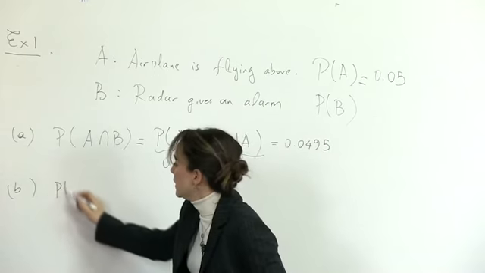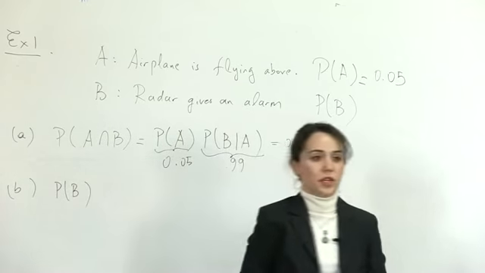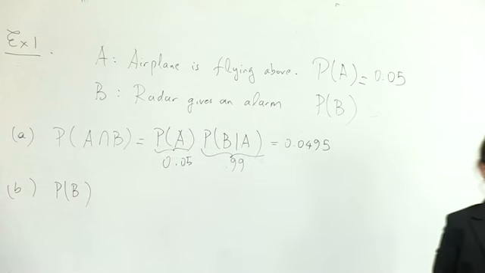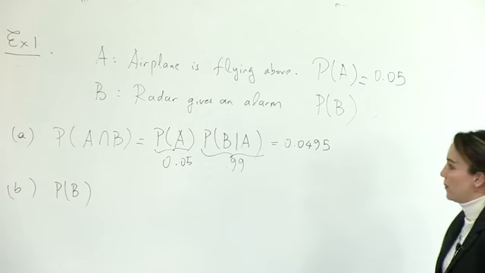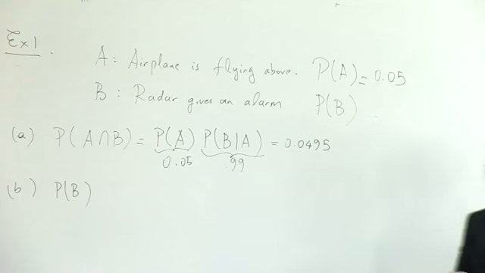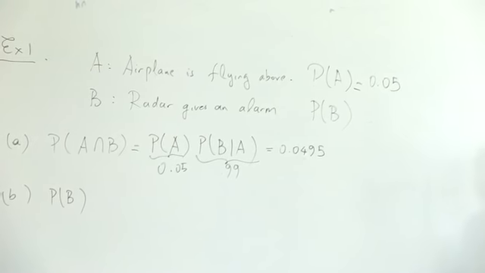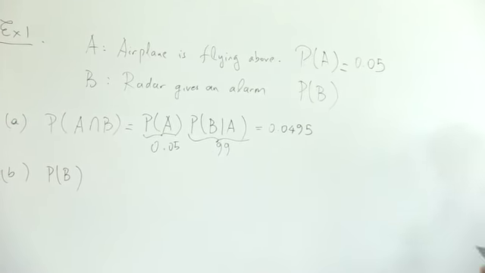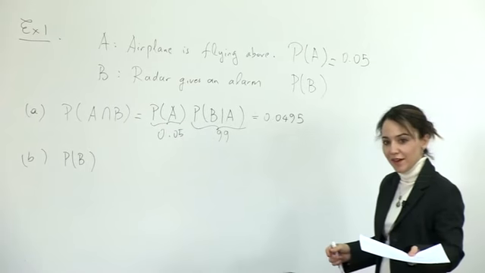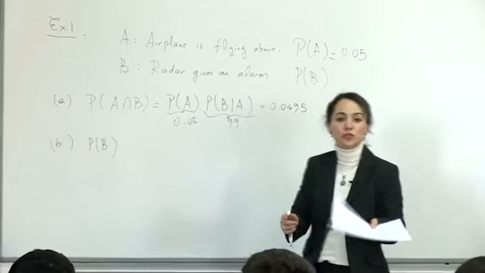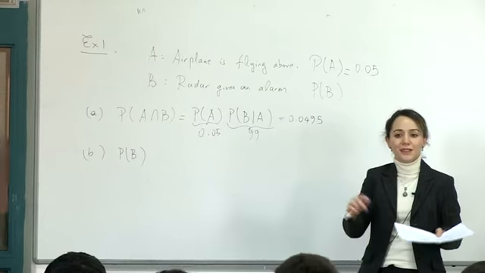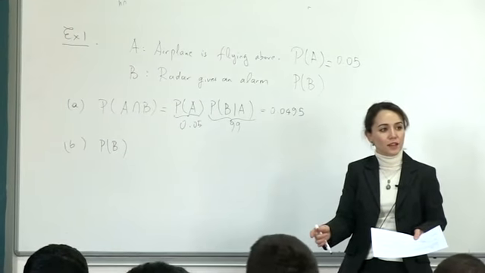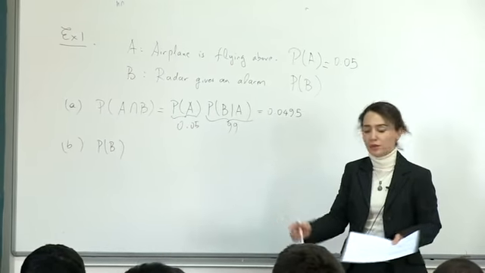Let's do part B. What is the probability that the radar generates an alarm, whether it's a false alarm or a correct alarm? What is the probability of B? How would you do this? Exactly. Use the total probability theorem by taking the partition A complement.